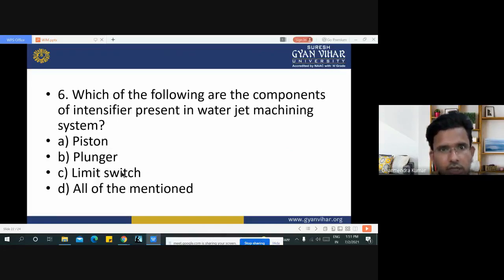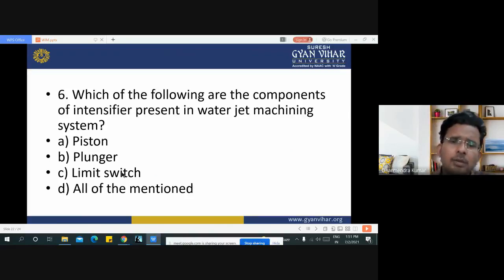Now the next question: which of the following are components of the intensifier present in the water jet machining system? Piston, plunger, and limit switch. We have seen in the intensifier slides that piston, plunger, and limit switch are all used as components in the intensifier.